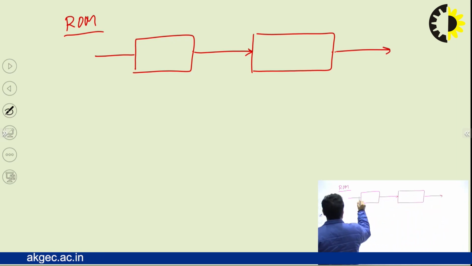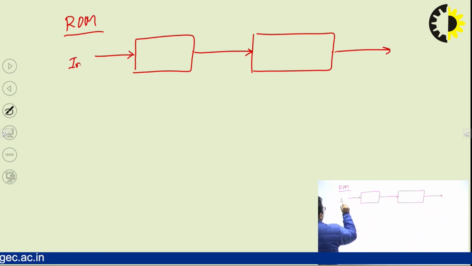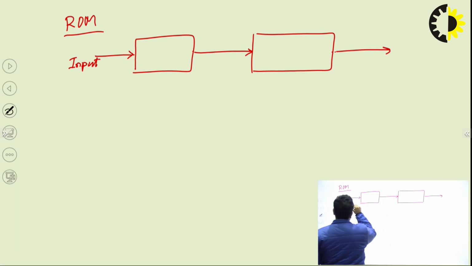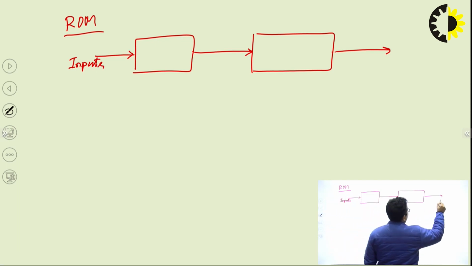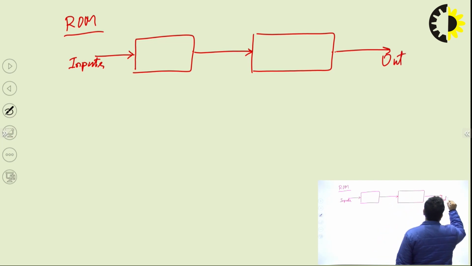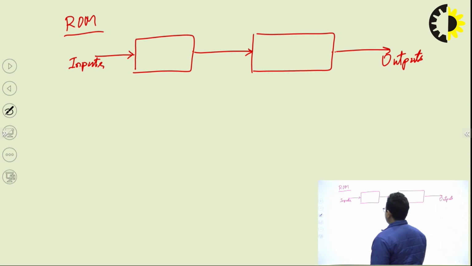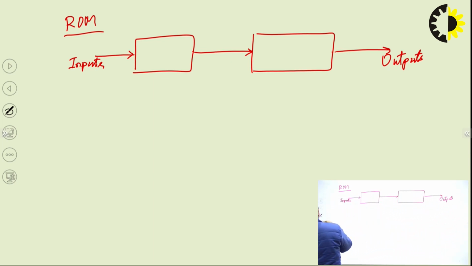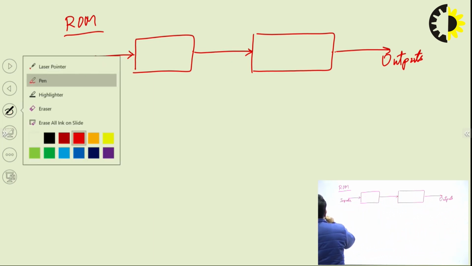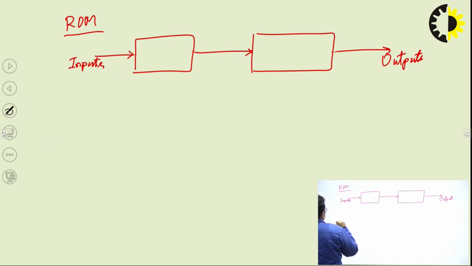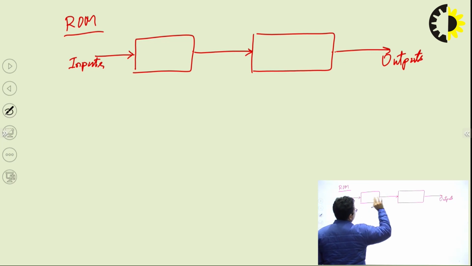We have inputs and we have outputs. In this block diagram we have to write whether each block is programmable or fixed. So here we have both the AND gate as well as the OR gate fixed.